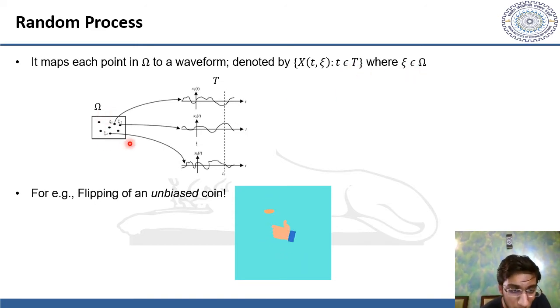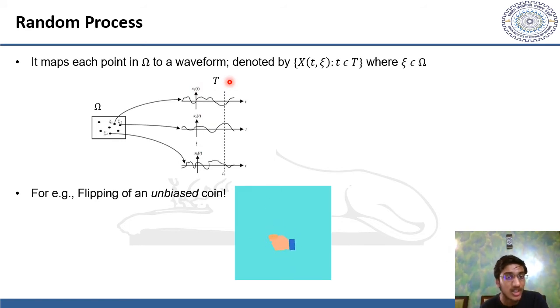So all these points in the sample space, say xi1, xi2, and so on till xik, are going to be mapped onto these waveforms x1 of t, x2 of t, and so forth, till xk of t, wherein t is an element of capital T.